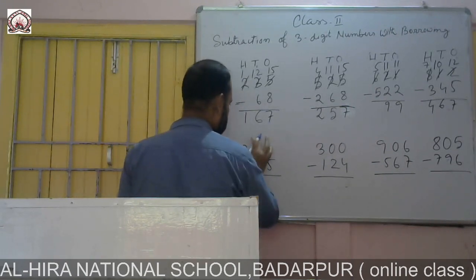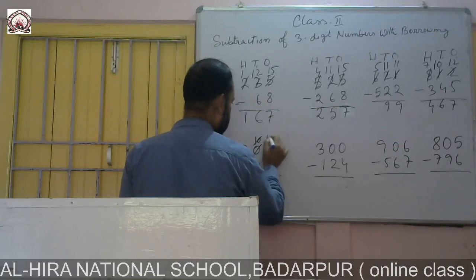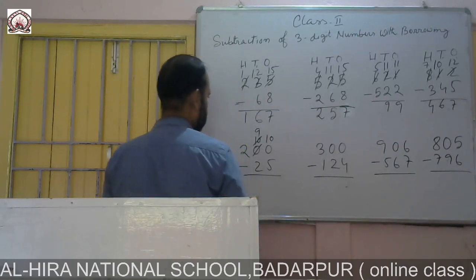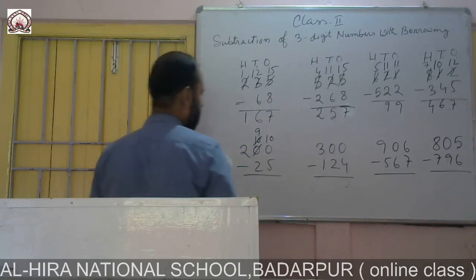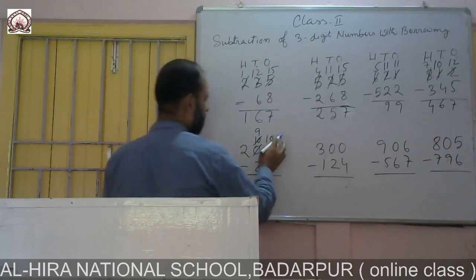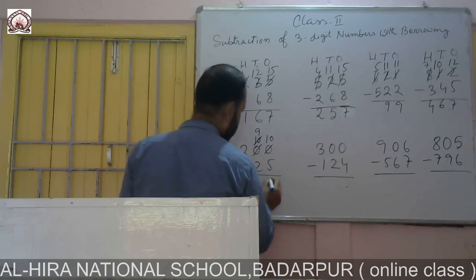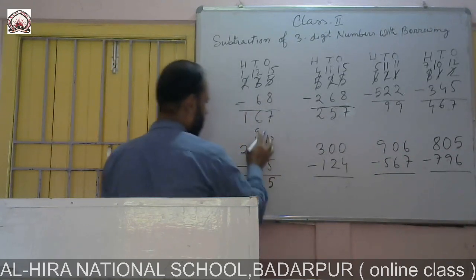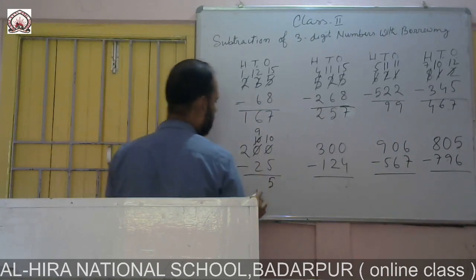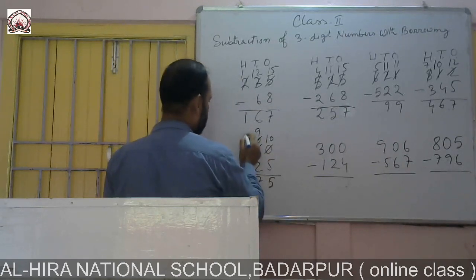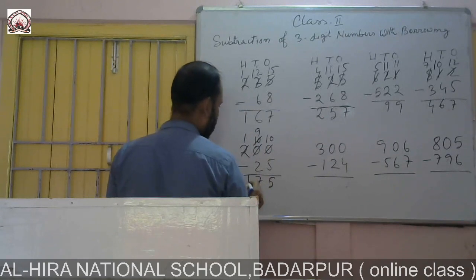Borrow 1 from these 2, so there is 10 and this 10 we borrow 1, then there is 10 and there remain 9. 10 minus 5 is equal to 5 and 9 minus 2 is equal to 7 and from this 2 we borrow 1, there remain 1.